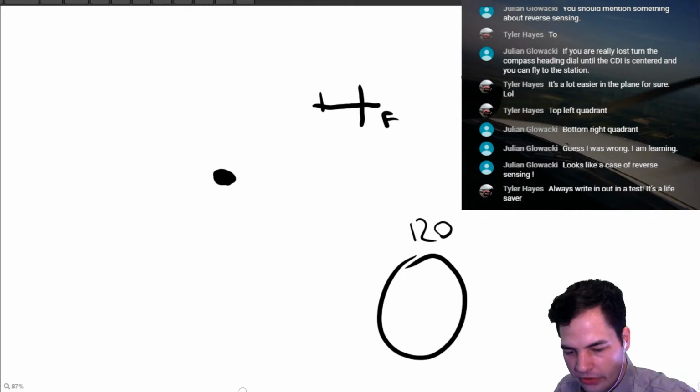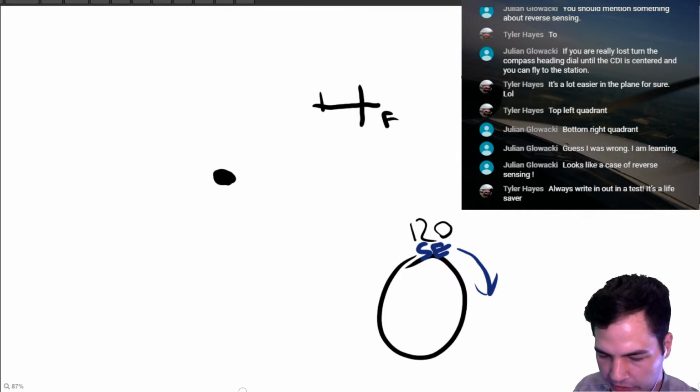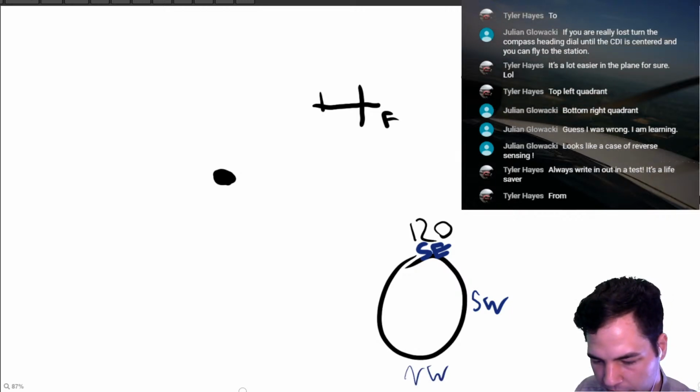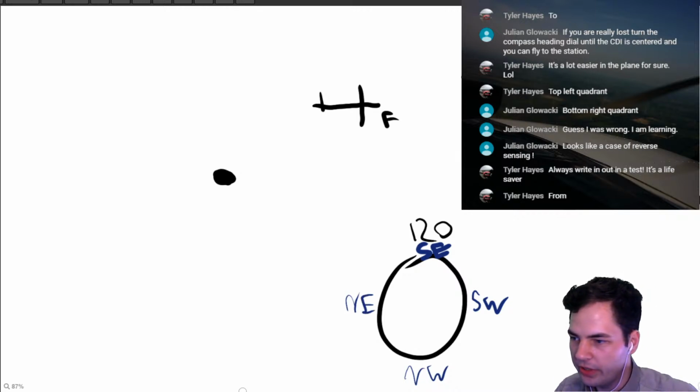So 120 is a southeast heading. Okay, and we keep going around. 90 degrees after southeast, we're going to get southwest. 90 degrees later, we're going to have northwest. And then we're going to have northeast. Right? So we got the cardinal directions out there.